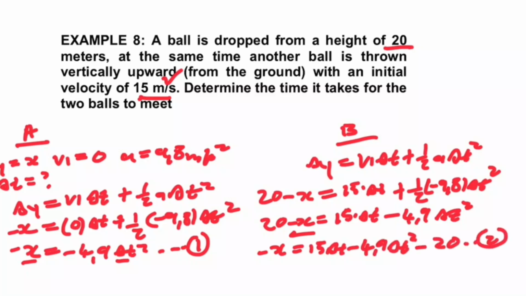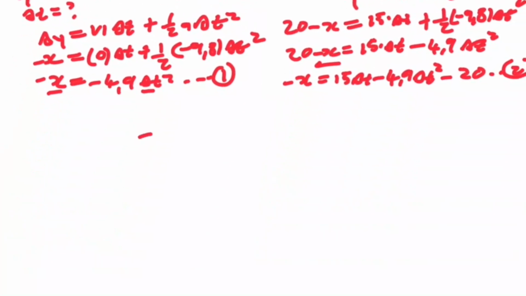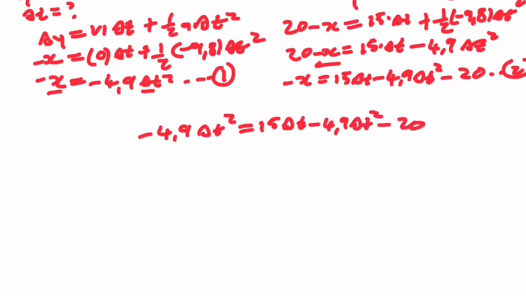We can go ahead and equate these two equations, right? If we do that, we have minus 4.9 delta t squared equal to 15 delta t minus 4.9 delta t squared minus 20. If we take minus 4.9 delta t squared to the left hand side, we have minus 4.9 delta t squared plus 4.9 delta t squared, which gives us 0.